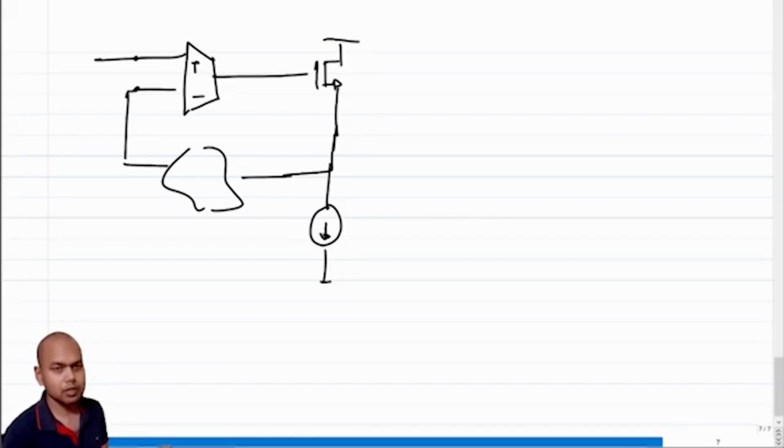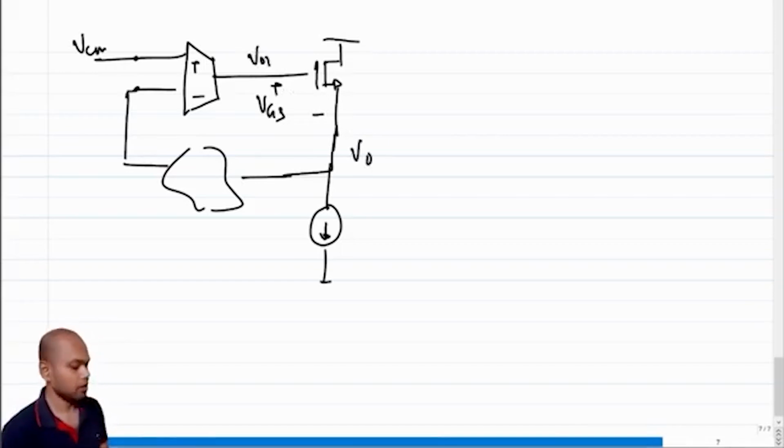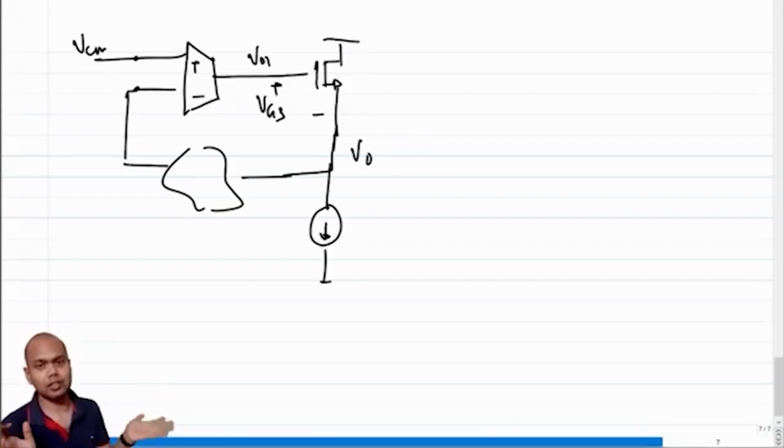The major problem was this voltage was capped, and on top of that I am getting a VGS here, right? The major problem is we are getting a VGS drop between VO1 and VO, correct? So that is essentially a big problem.